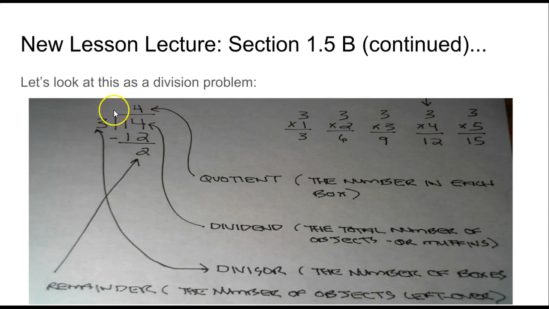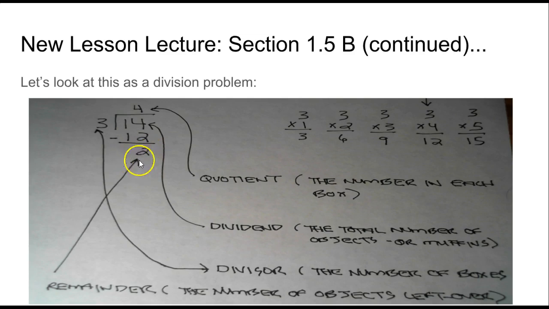And then 4 multiplied by 3 gives us 12. So we put the 12 underneath the 14 and we subtract. When we subtract 12 from 14, we have a difference of 2.